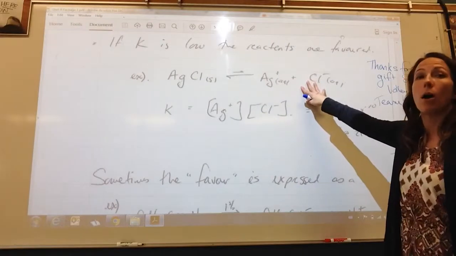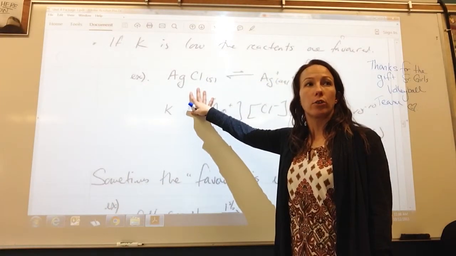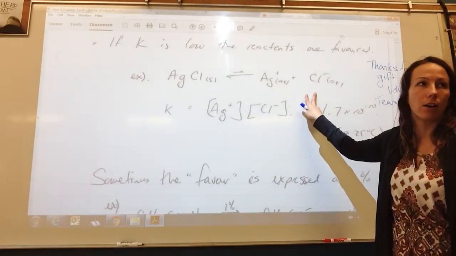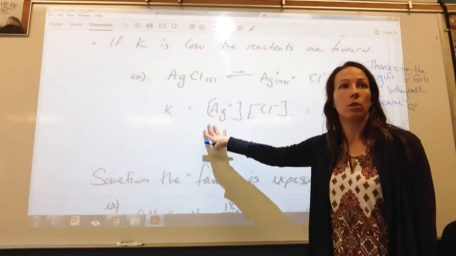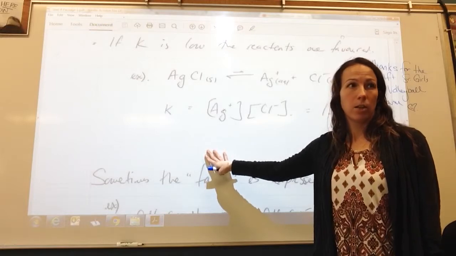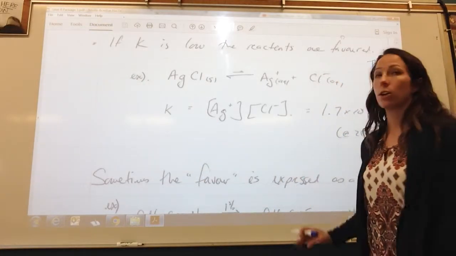So that means that the products were very small and the reactant is very large. That means I get a lot of solid and a tiny bit of ions, which means that this is highly insoluble. Okay? So this is not a very soluble ionic compound because the K value is very small.